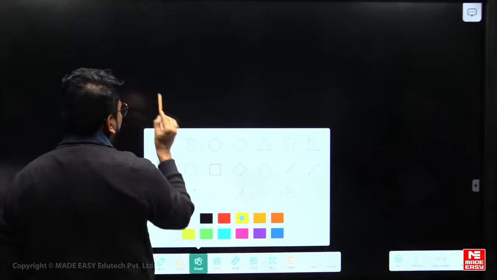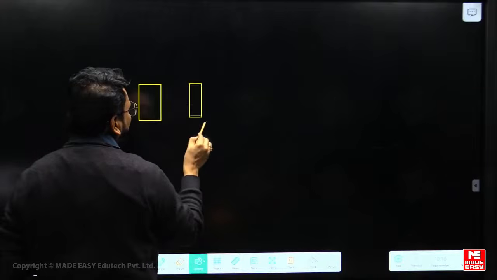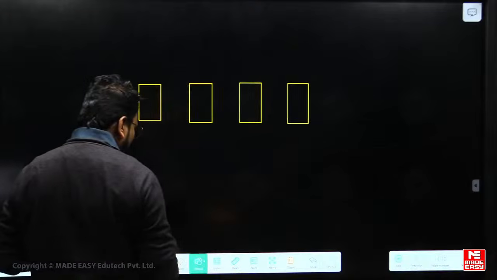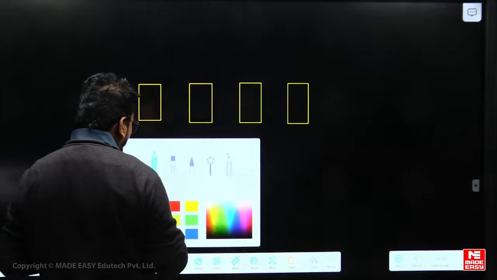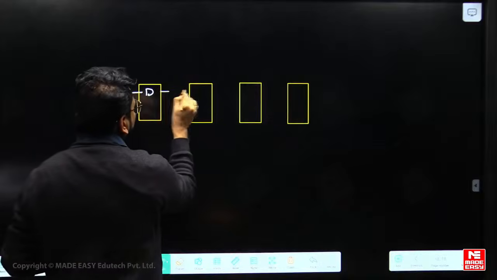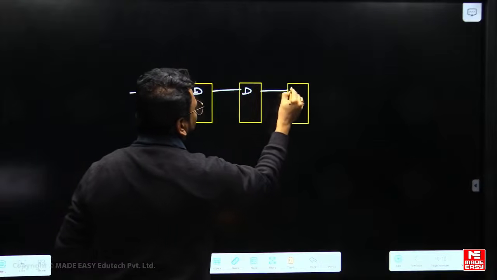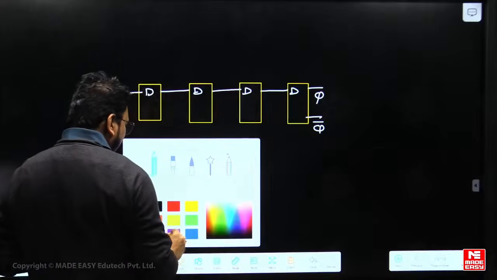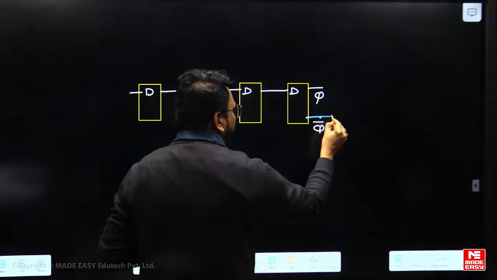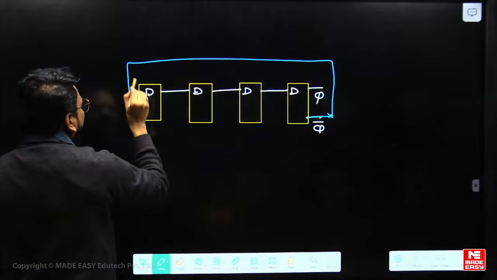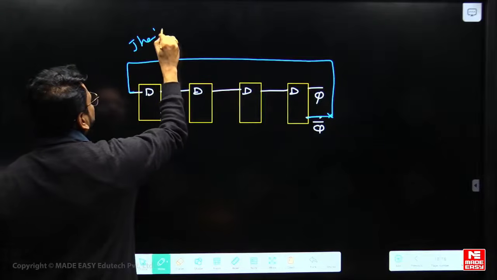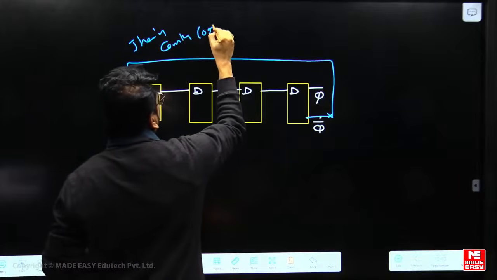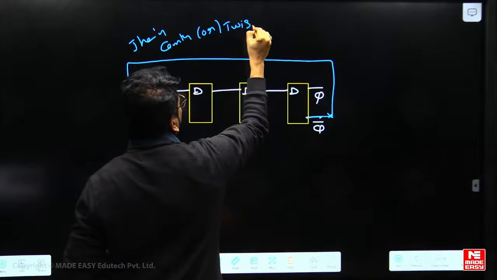How to identify that? In the case of Johnson's counter, the flip-flops are taken as D flip-flops. This is Q bar. If the connection is taken from this complementary output like that, it's going to be Johnson's counter, or it is also having the name of twisted ring counter.